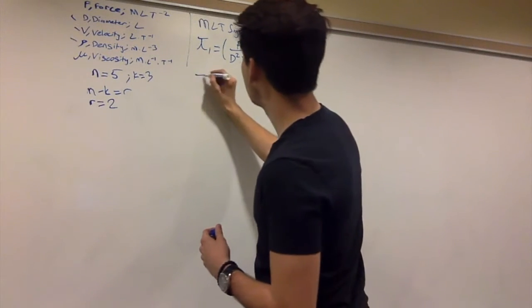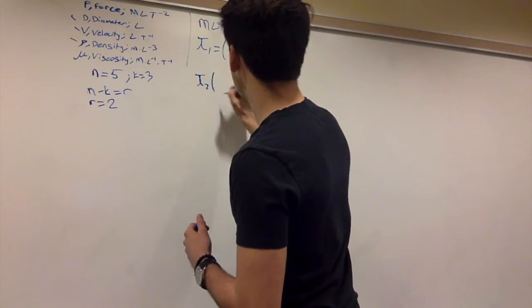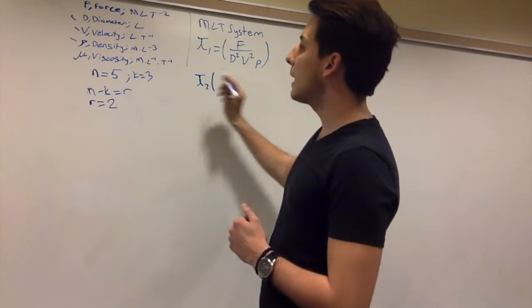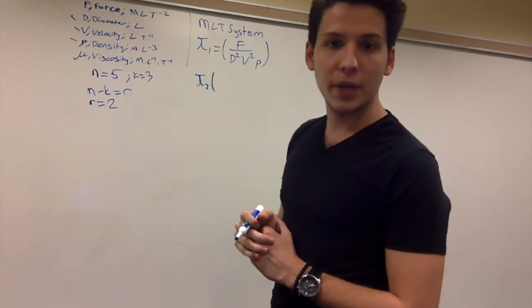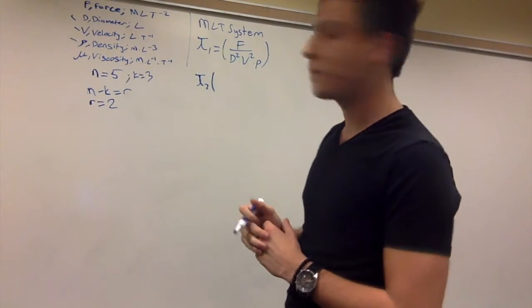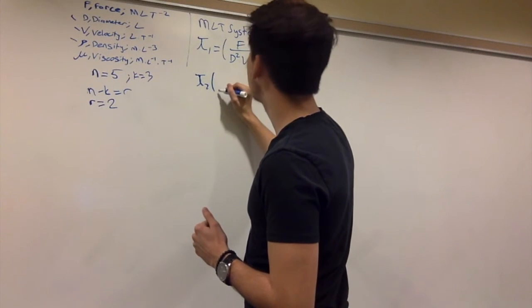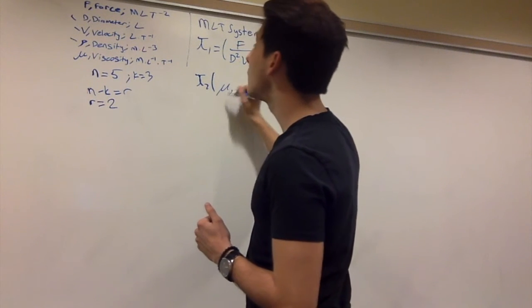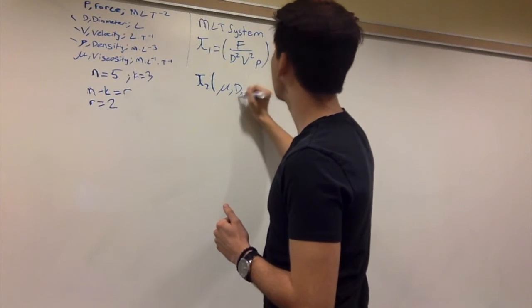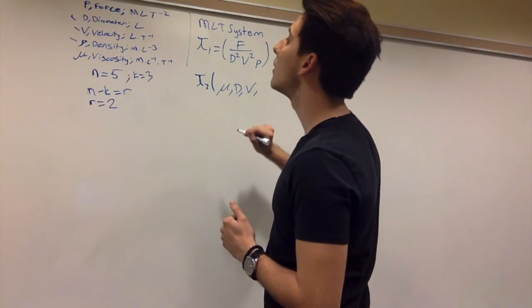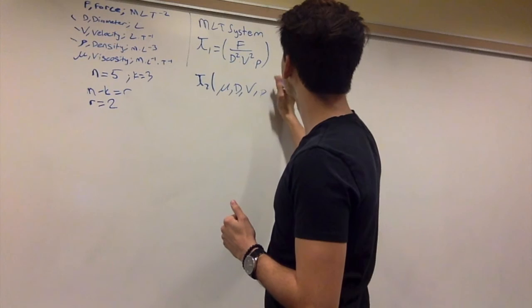So, pi 2. This time, the other non-repeating variable is viscosity. So it is viscosity, diameter, velocity, and density.